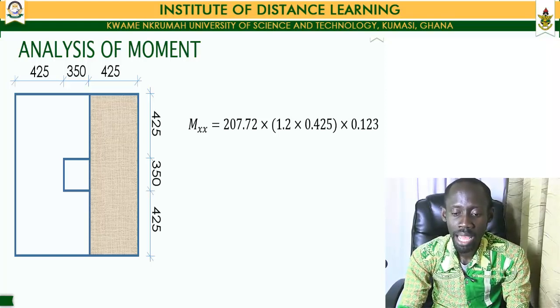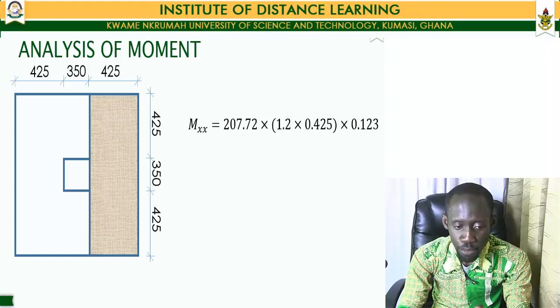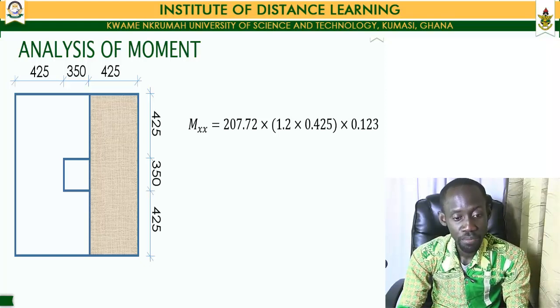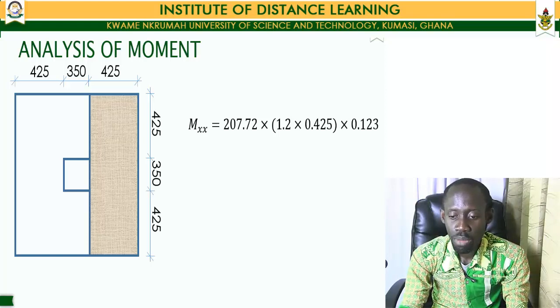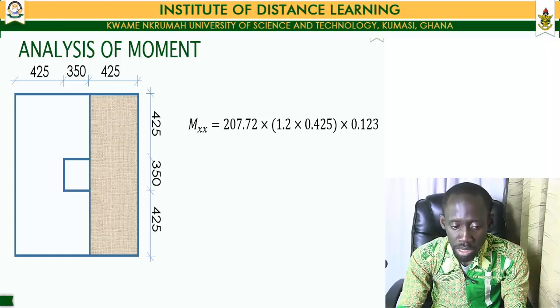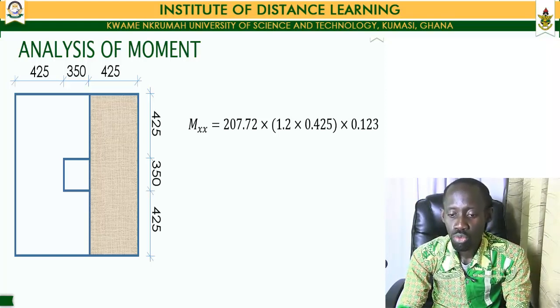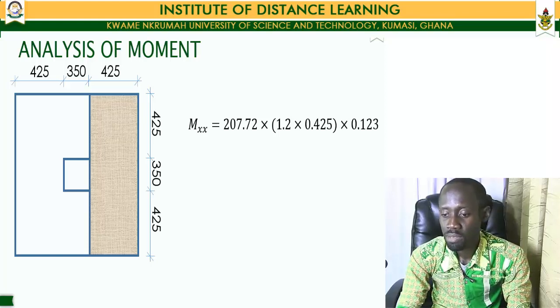Now, once we multiply our pressure by that area, it converts our load into a point load, which will be acting halfway through the distance from the face of our column to the edge of our pad. So then, taking moment of that point load about the face of our column, we'll be multiplying that value against half of our distance, which is 0.425, which would give us a value of 0.123.